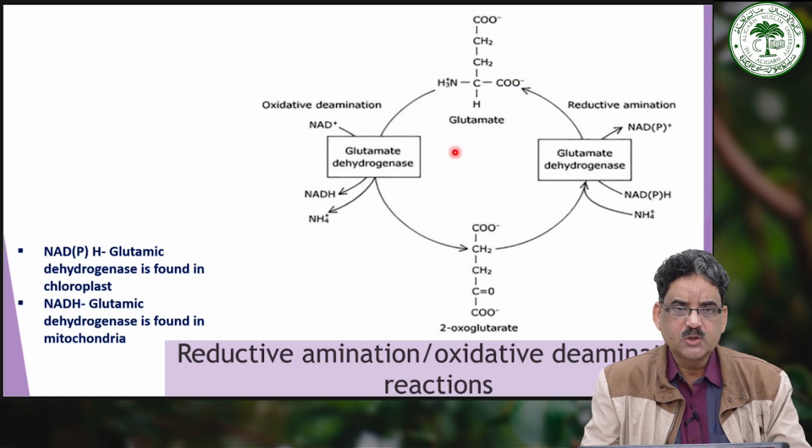This figure shows that GDH catalyzes both reductive amination, in which 2-oxoglutarate is converted to glutamate, and oxidative deamination, in which glutamate is deaminated to generate 2-oxoglutarate.